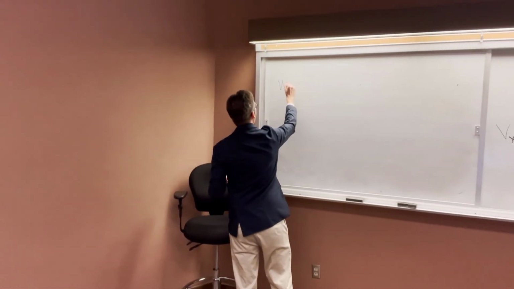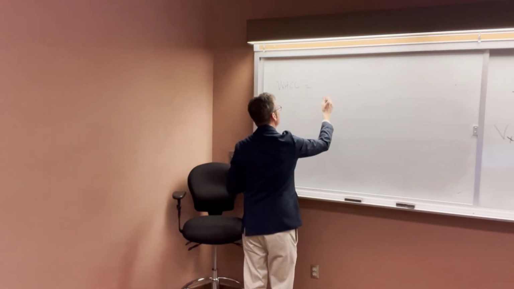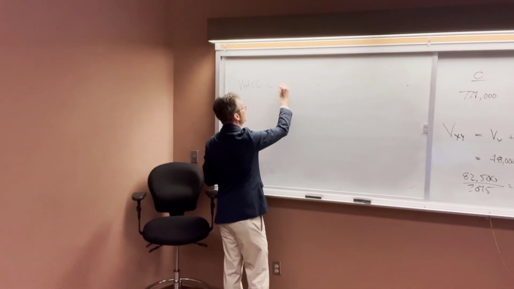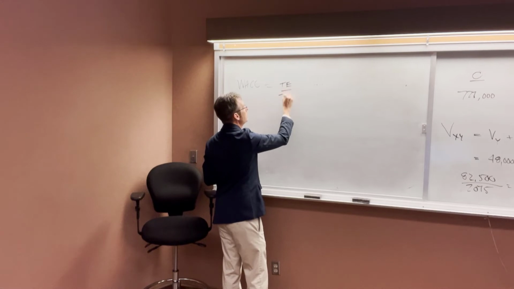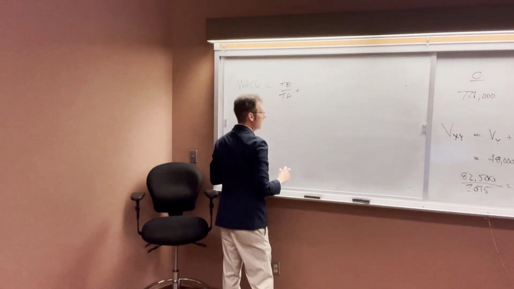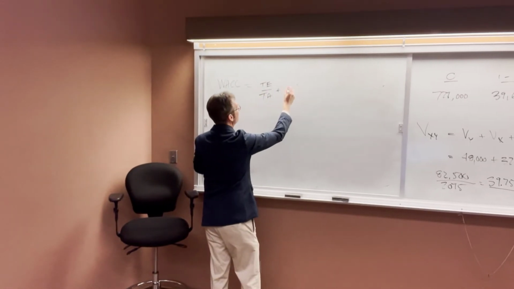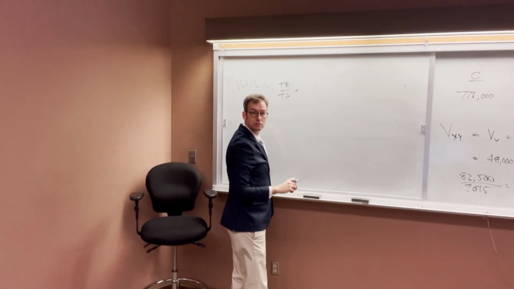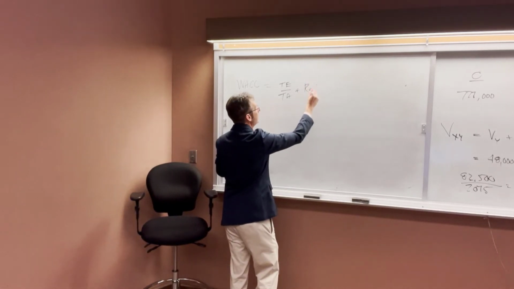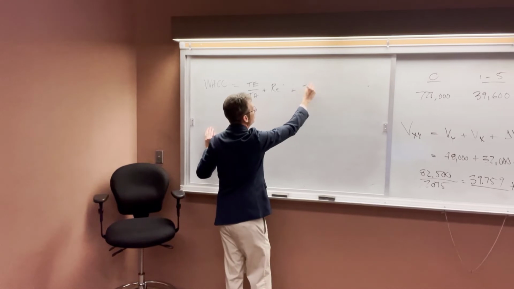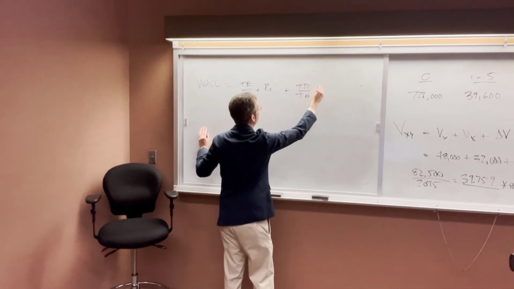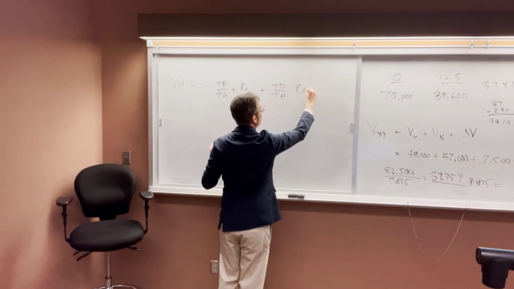We know that WACC is equal to the total equity over the total assets multiplied by the required return on the equity, and then the total debt over total assets times the required return on debt, times one more thing.